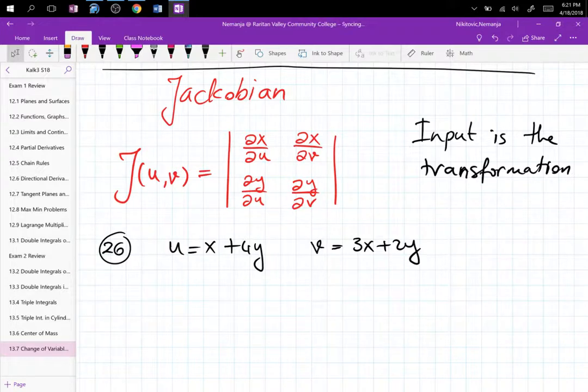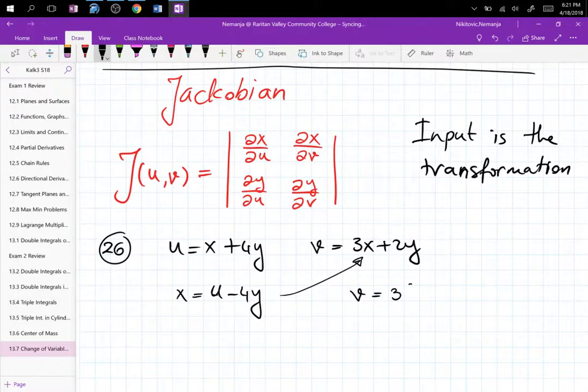We can achieve this by simply doing the substitution method. From the first equation, x is equal to u minus 4y, and I'm going to plug that in here and obtain that v is equal to 3x plus 2y, so that's going to be 3 times (u minus 4y) plus 2y.